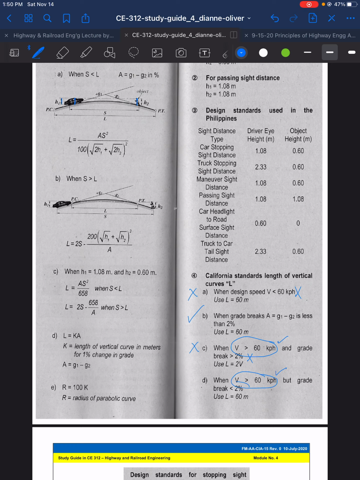And grade break is less than 2%, correct? So we can use D. So B and D both say use L minimum of 60 meters. So that is in the code.